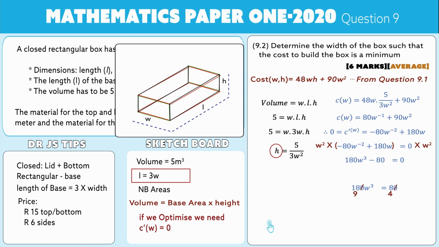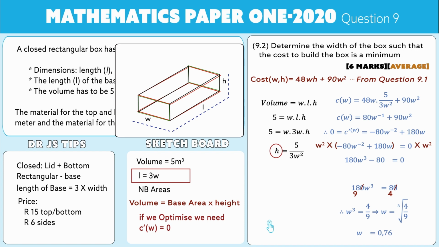So W cubed is now 4 over 9. And what is W? Well, W will be the cube root of 4 over 9. And if you calculate that, you get 0.76.